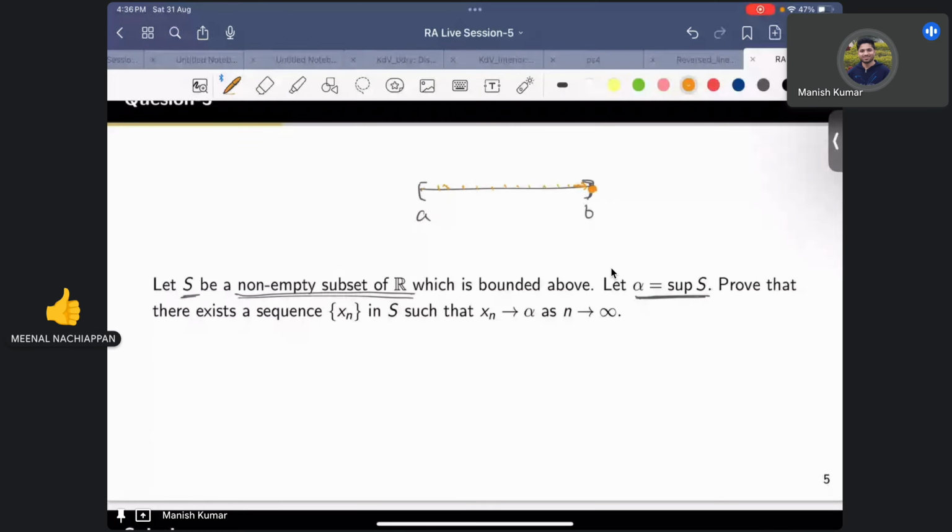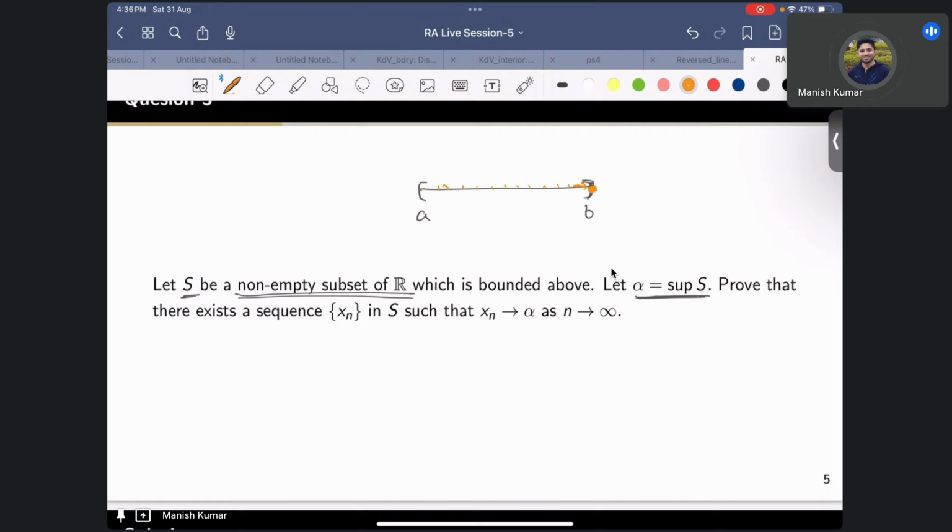Now, is it understandable? Can you get some hint, or some feeling that yes, this should be true, maybe just by the monotone convergence theorem, as I mentioned?